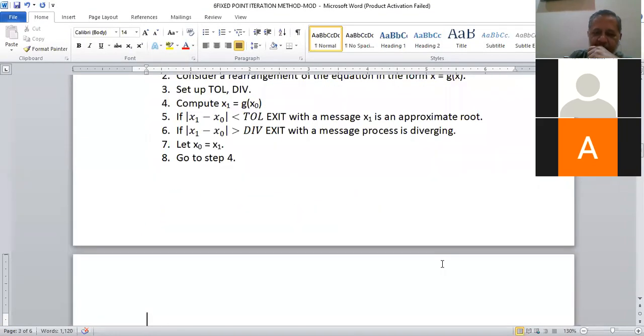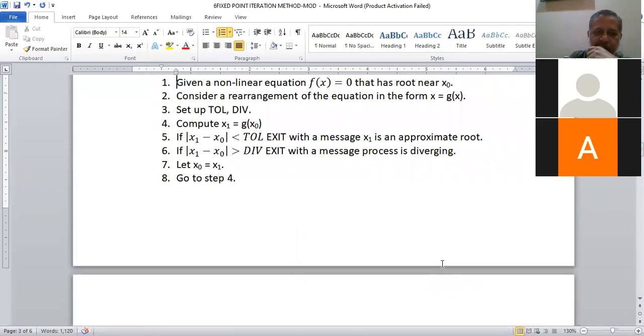Here we describe the algorithm. We are given some nonlinear equation f(x) equal to 0 that has a root near some x naught. The next step is to consider a rearrangement of the equation in the form x equals g(x).